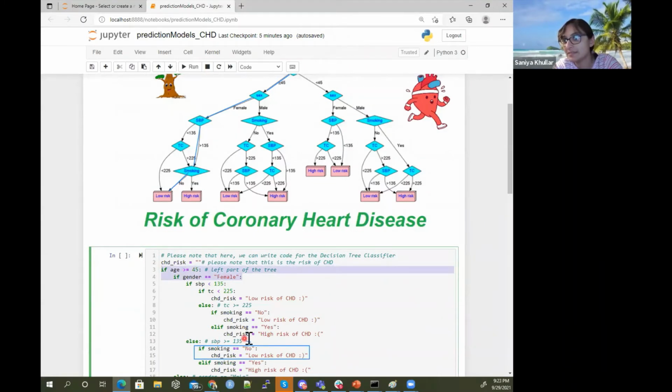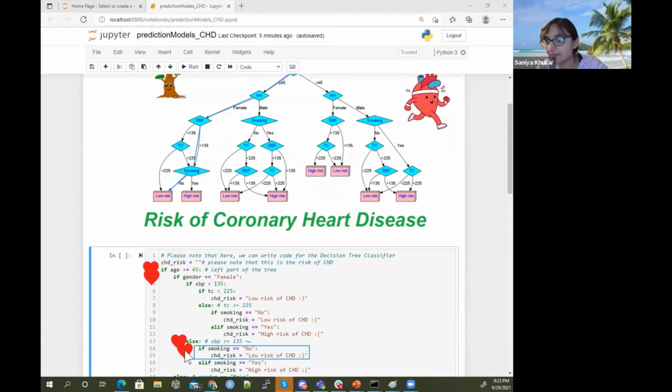Then systolic blood pressure is higher than 135, and then smoking is no. So these are the different decisions that we are capturing. We have this 3, we have this as well, we have this and this. These are the decisions. And then similarly, that's for that one.